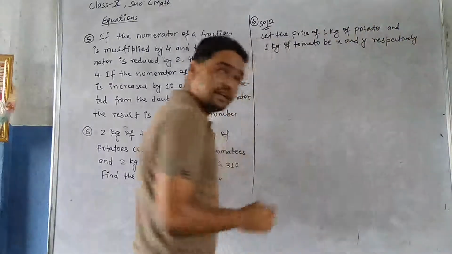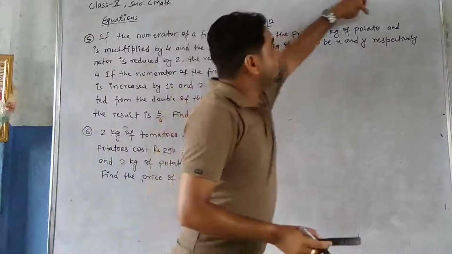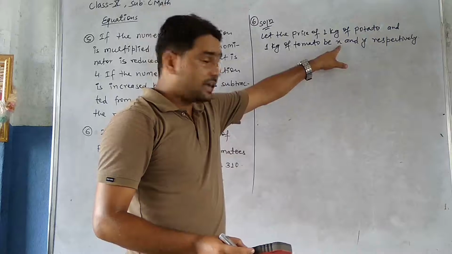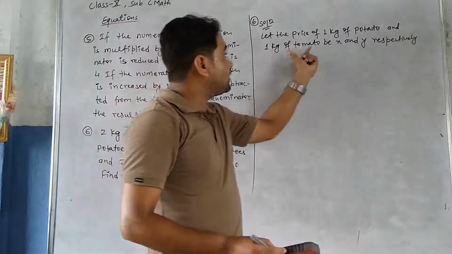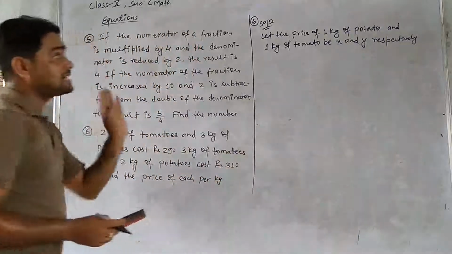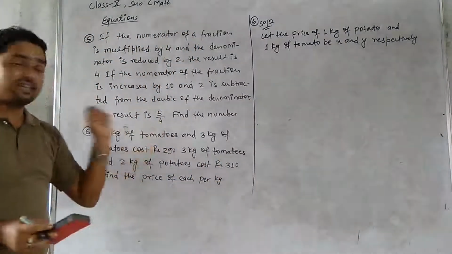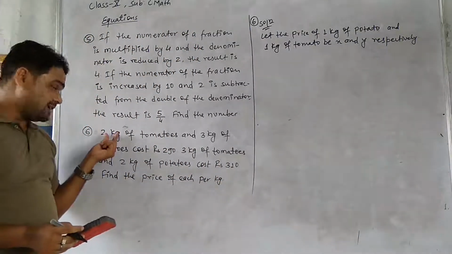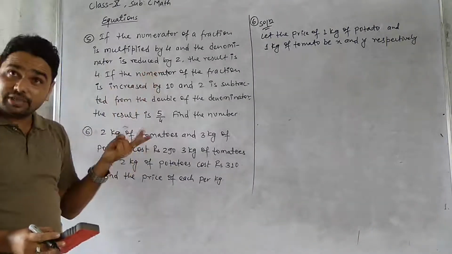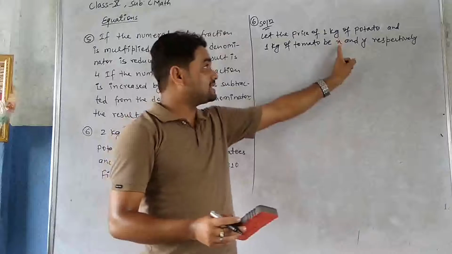Yes, this is another, that is what? 1 kg of potato costs x, and 1 kg of the tomato costs y. That is yes or no? We have laid at first. So from the first condition, 1 kg, here it is 2 kg, that is 2 into 1, and 1 kg costs x.